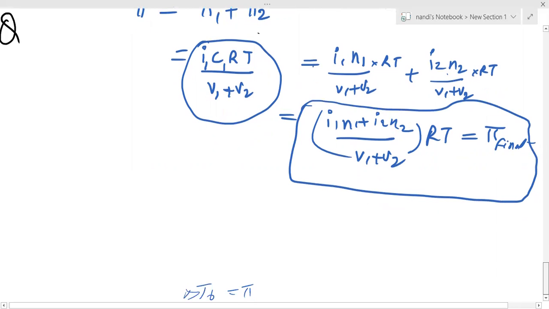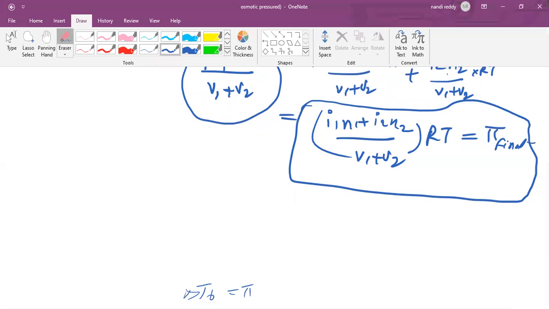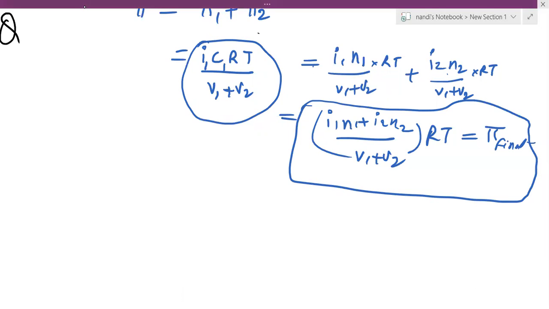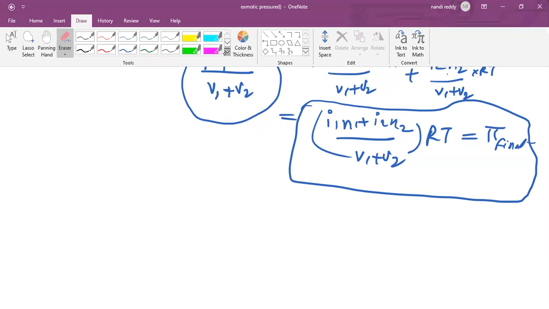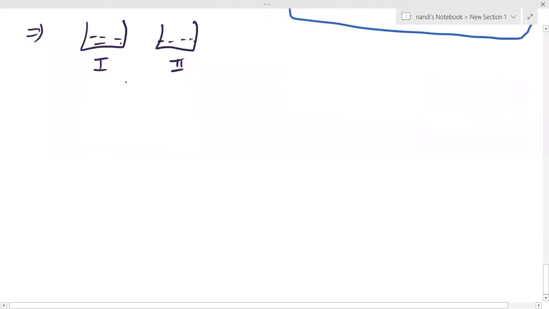Clear? So we have another case: isotonic, hypertonic. I hope you know these terms, but most of the questions are based on isotonic, so that's the term I'm going to explain here. If any two solutions, 1 and 2, are isotonic, it means osmotic pressure 1 equals osmotic pressure 2. So i1 C1 RT equals i2 C2 RT.